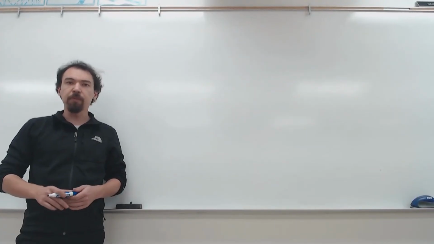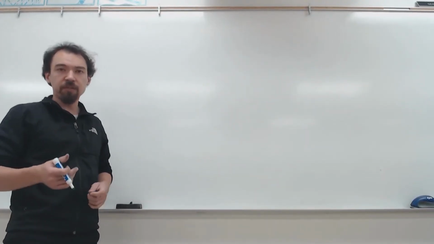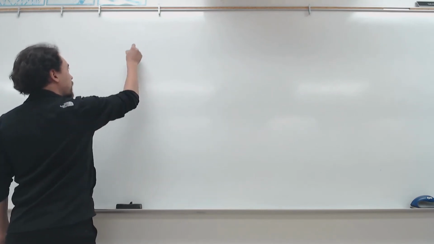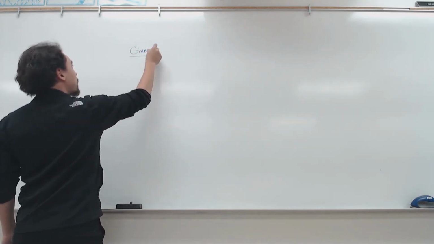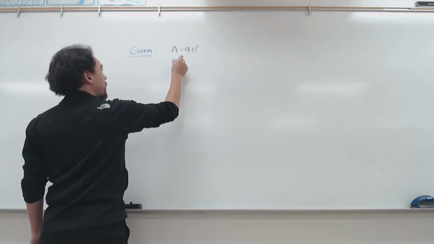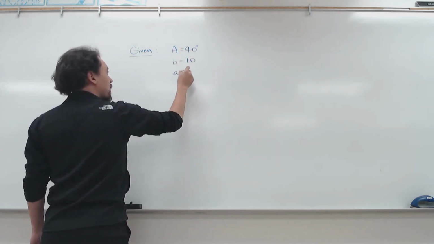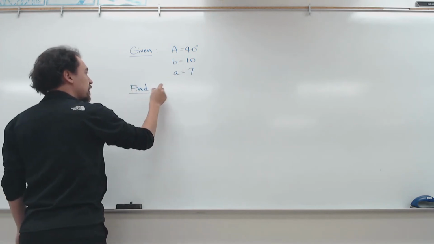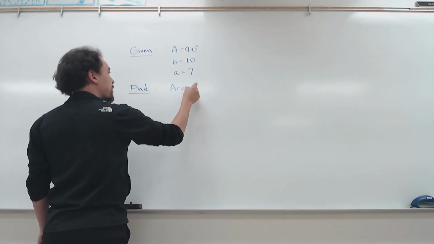In the last problem I mentioned, we could find the area for the angle side angle case because it was not ambiguous. But what if we have information that leads to an ambiguous case? Let's say we're given angle A is 40 degrees, lowercase b is 10, and lowercase a is 7. We would like to find the area, perhaps.